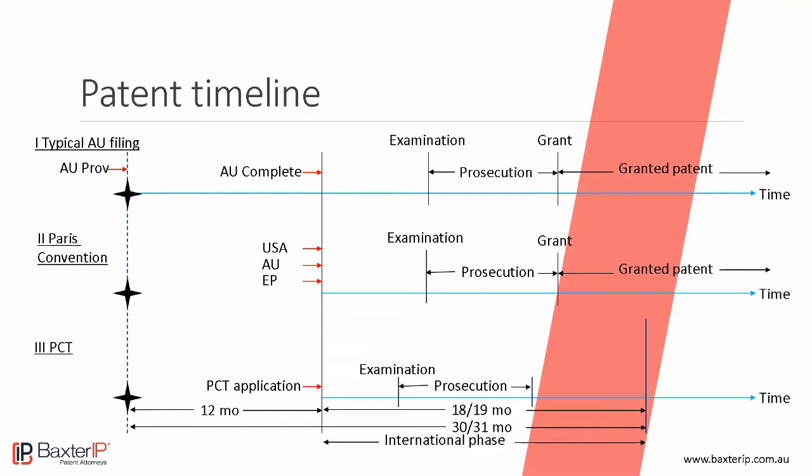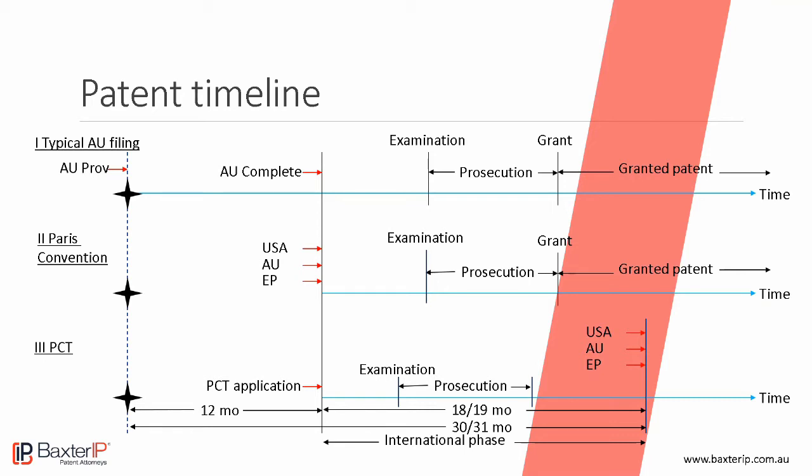So before the end of the international phase, you still have to actually go and file overseas national patent applications into the various countries that you want patent protection in. When you prosecute your patent application during the international phase, this should result in the strengthening of the claims before you go into the various national phase patent applications.